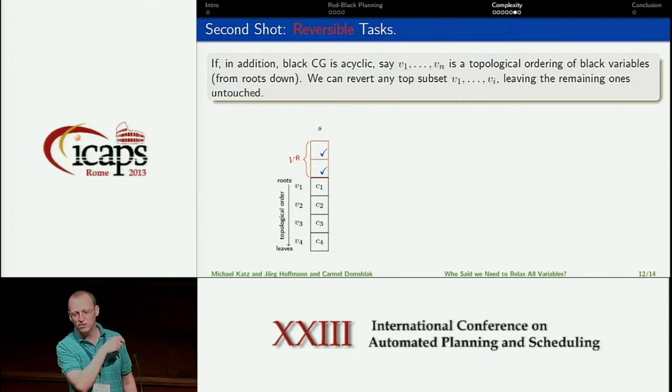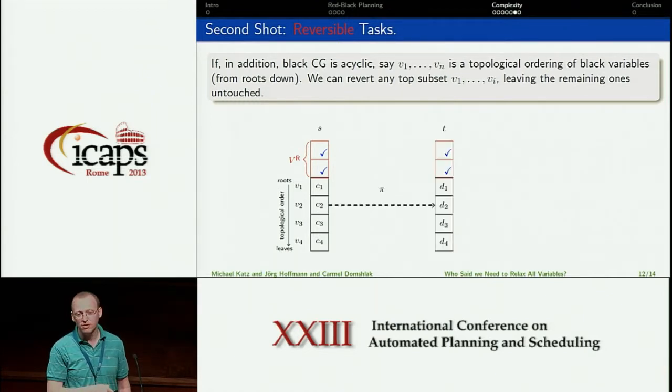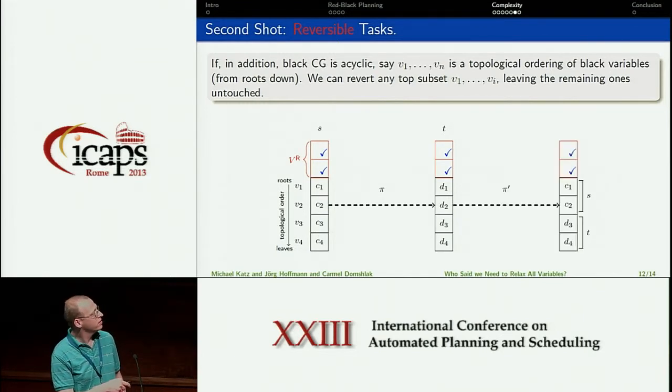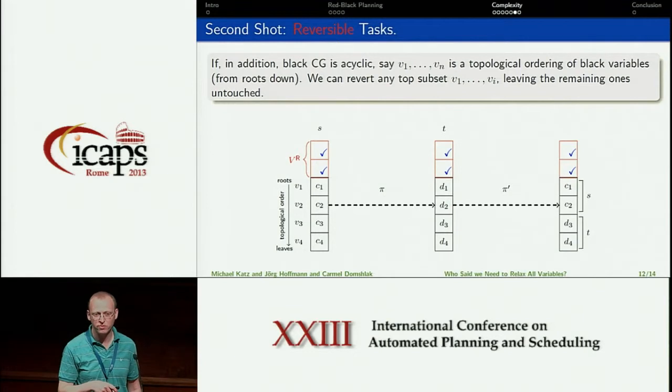Here we have the black variables in their topological order in the causal graph. So we start from the initial state, we go to a new one with different values, and then we can actually revert to a state that will have upper values as in the initial state and the lower values as in this reachable state. Okay?